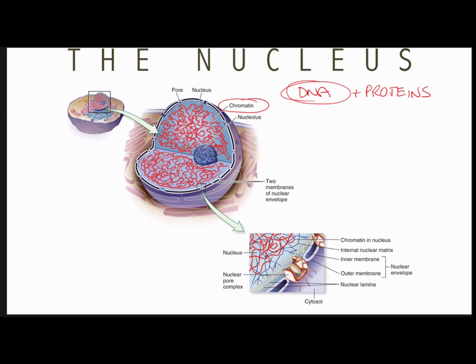So that's inside the nucleus, and the nucleus is surrounded by a so-called double membrane that makes up a structure called the nuclear envelope. So the nuclear envelope down here has 2 membranes, and you can see that they kind of loop back on themselves, and that's what gives us this double membrane structure.